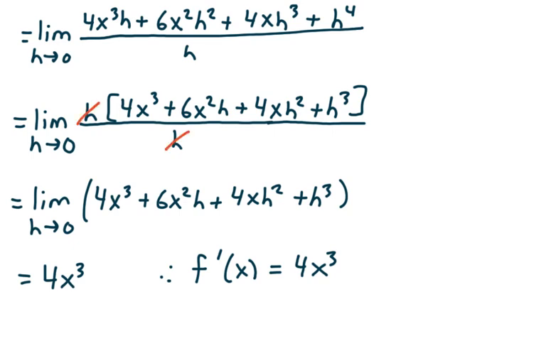And when I do, I get the limit as h goes to 0 of 4x cubed plus 6x squared h plus 4xh squared plus h cubed. And by direct substitution, this is equal to 4x cubed. So what that tells me is that f prime of x is equal to 4x cubed.